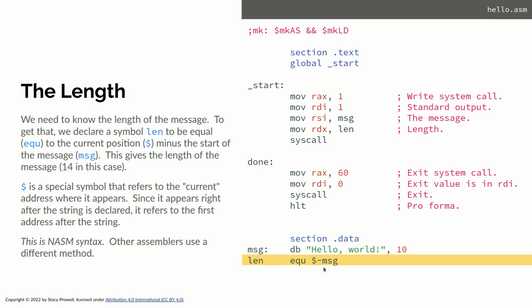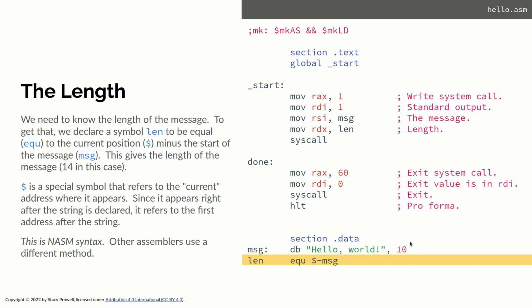Now, what is going on here? Well, we know that message is the address of this capital H. The $ sign is sort of, let's call it, the current position in the stream. Well, we just had message, so the current position is right after this 10. It's the first address following the string.